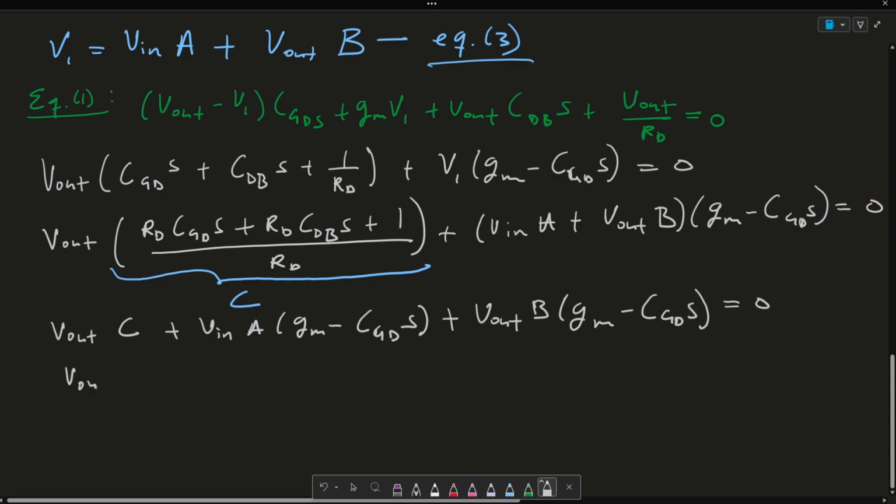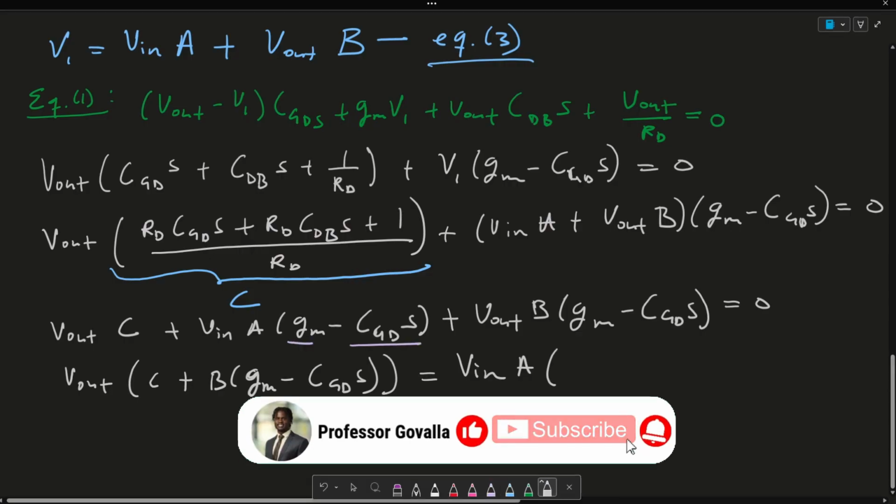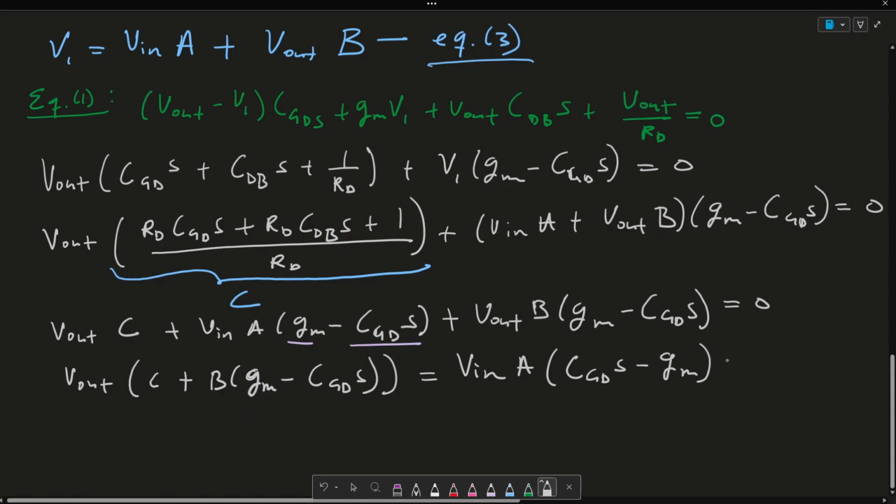I can pull out a Vout, and I'm left with C plus B times GM minus CGDS, and that is equated to Vn times A, and I'm going to switch these two terms because it's going to be a minus. I hope that makes sense. So this is CGDS minus GM is equated to 0.